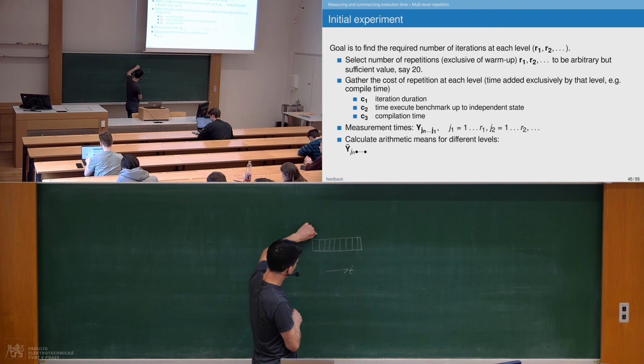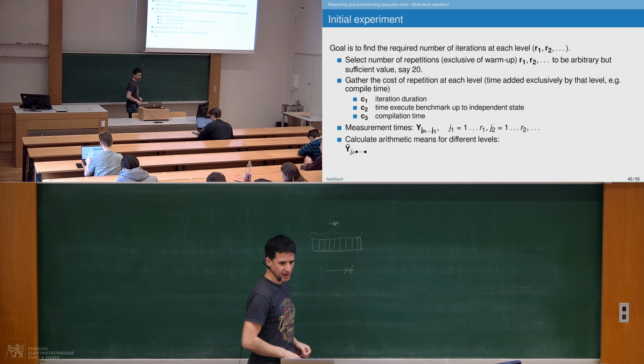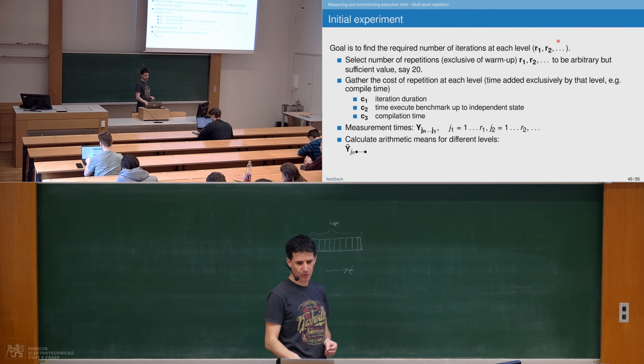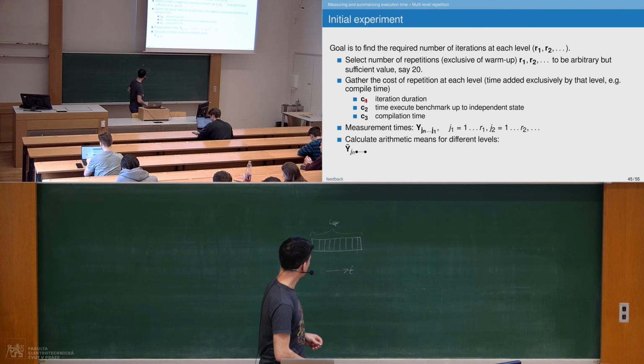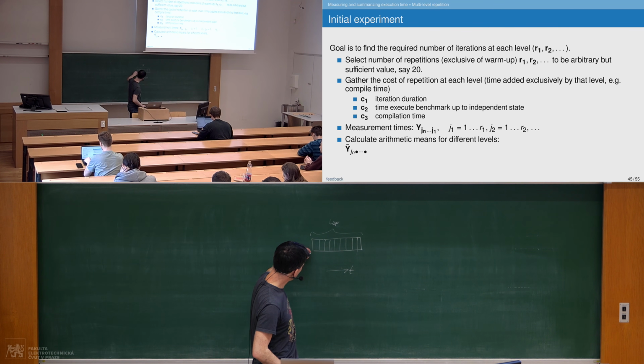Let's say this is some loop. So the idea is to calculate the cost of this iteration. So here the cost of this iteration, which is denoted as C1, is just the length of this single iteration.